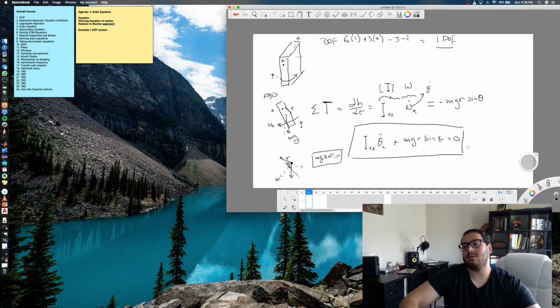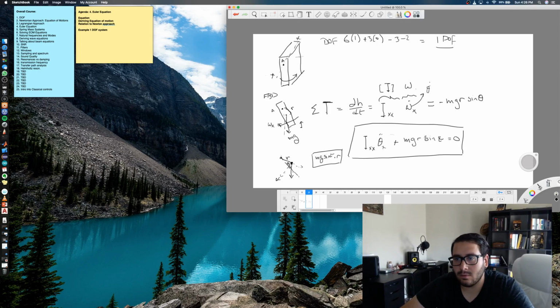Now, there's something we're going to talk about, I think in 2 videos, which is the sine theta approach, because now we have a nonlinear differential equation. One of the things we can do is say we're solving the problem for small thetas. The small angle approximation says that sine of theta is approximately equal to theta.